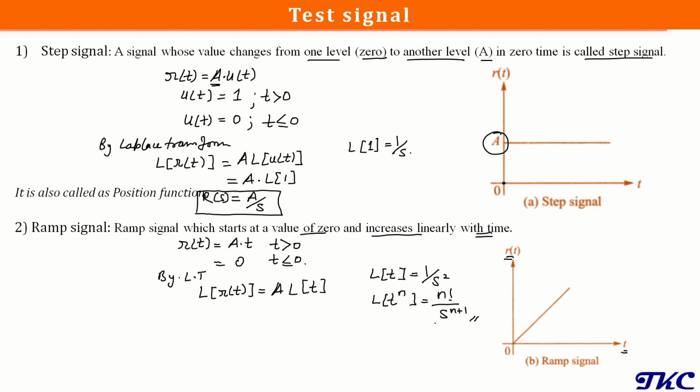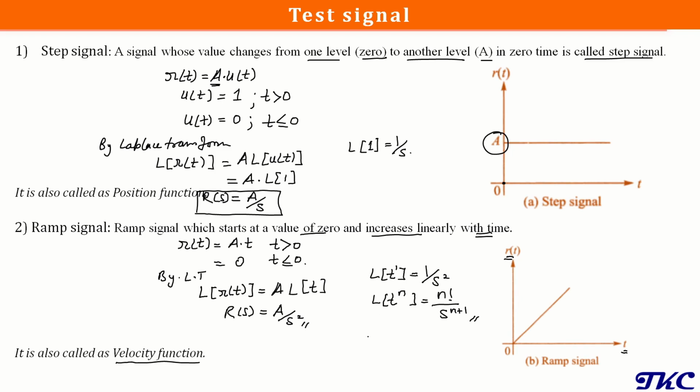Here the power is 1 for t, so it will be 1 factorial upon s raised to 1 plus 1, that is 2. So we have 1 upon s square. On the left hand side it becomes r of s, and on the right hand side it is a by s square. This is the function value of the ramp signal, and this ramp signal is also called a velocity function.